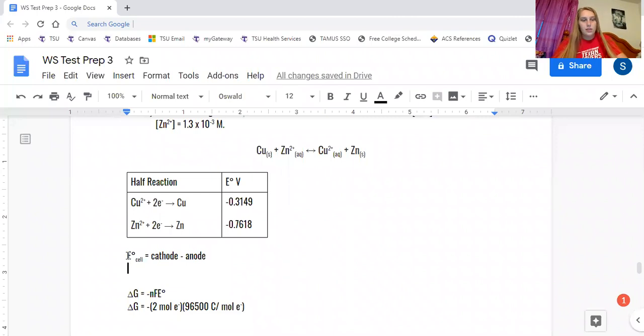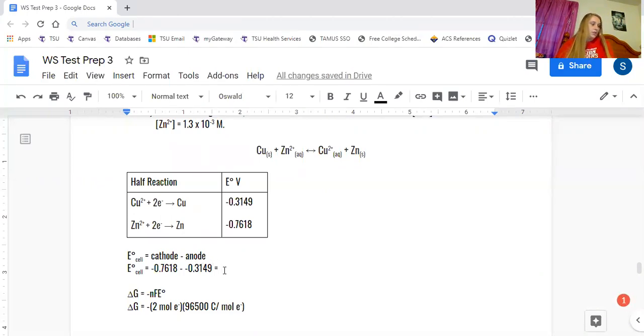So if we have our E cell value, it's cathode, so negative 0.7618 minus our anode, so negative 0.3149. If this was flipped, it would just be positive. So you can do it that way too, and that's fine.